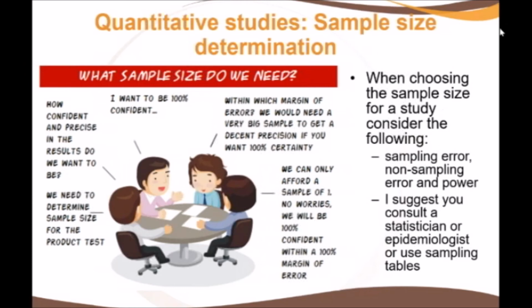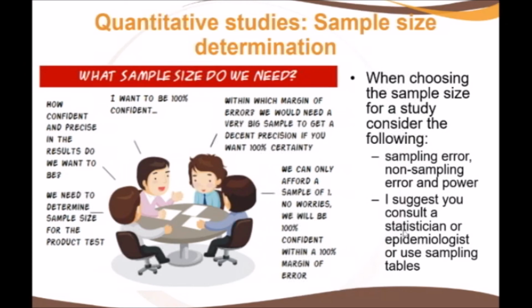Okay. So when choosing a sample size for the study design, you have to consider the sampling error. That's what we call the margin. What margin of error do you want to allow? To what extent would you allow to be wrong, in other words?